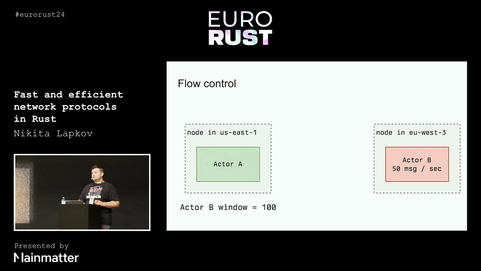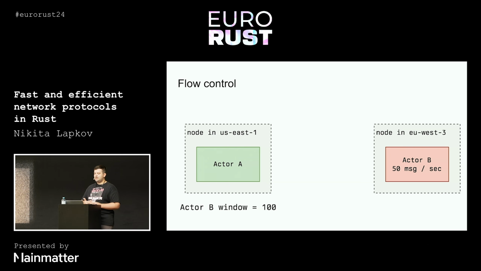One way to handle it is to steal from TCP and implement flow control. TCP kind of does the same thing, so we got inspired and did it on top of TCP once again. We have so-called windows, which ensure that we do not send more messages than the receiving actor can handle.